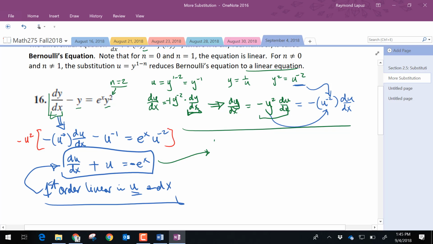So our integrating factor mu is e to the integral of the p times dx. So e to the x.